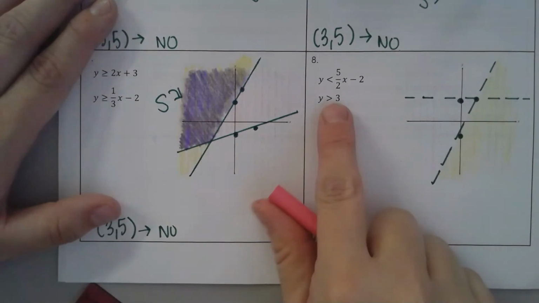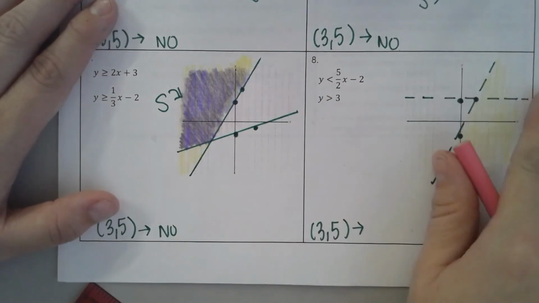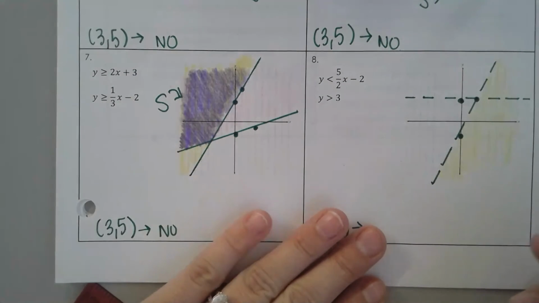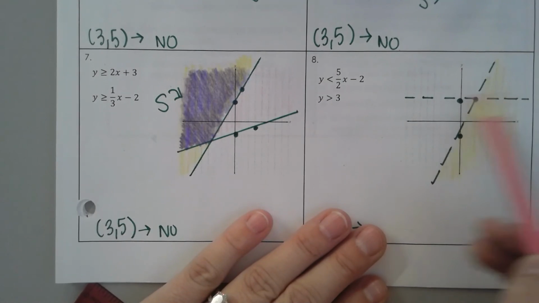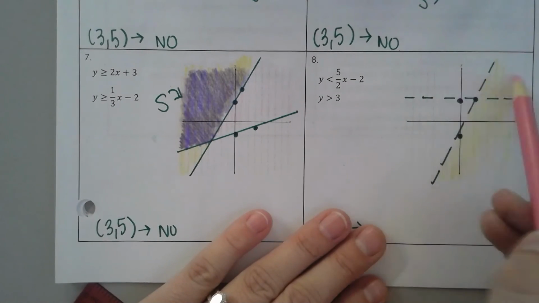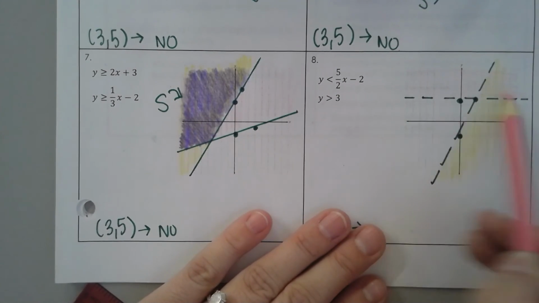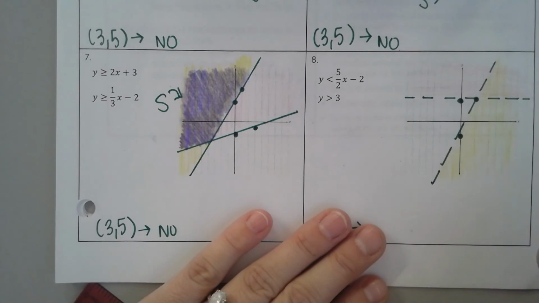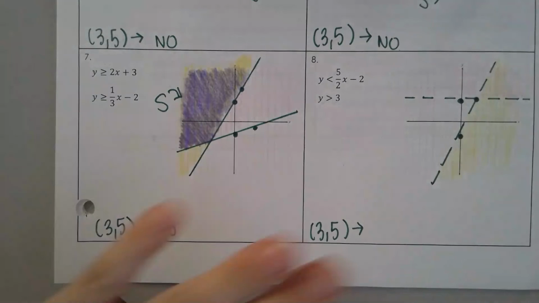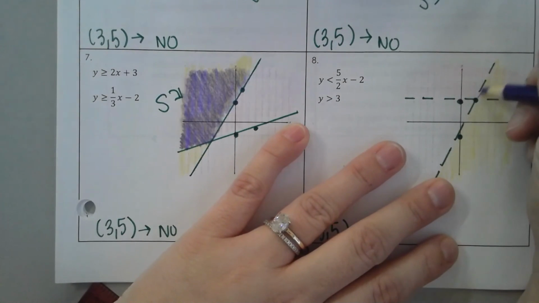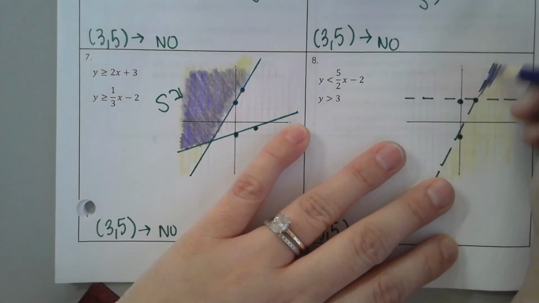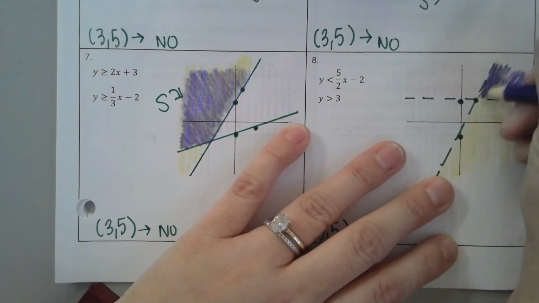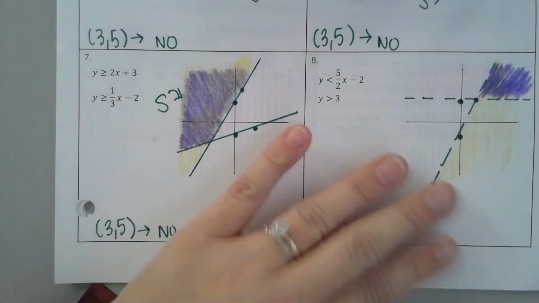Because it crosses through the y-axis at 3, and then it's just straight horizontal. And it's shade above. Here's my solution. This little corner.